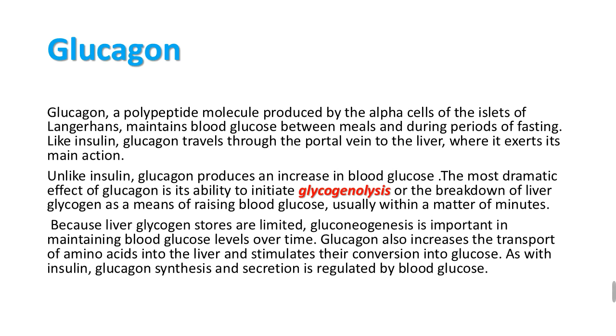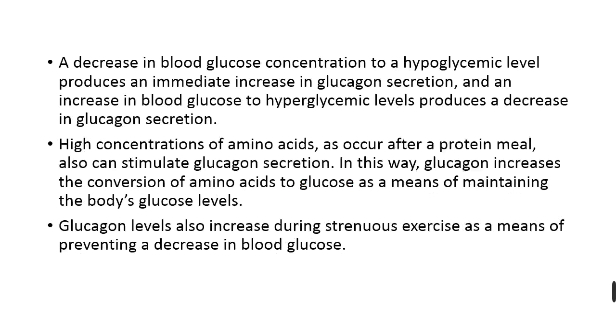As with insulin, glucagon synthesis and secretion is regulated by blood glucose. The two hormone concentrations are regulated by blood glucose level. A decrease in blood glucose concentration to a hypoglycemic level, not to a normal level, to a hypoglycemic level, produces an immediate increase in glucagon secretion, and an increase in blood glucose to a hyperglycemic level produces a decrease in glucagon secretion.